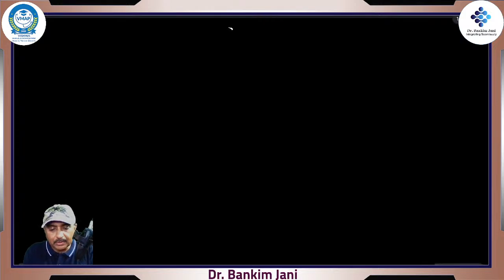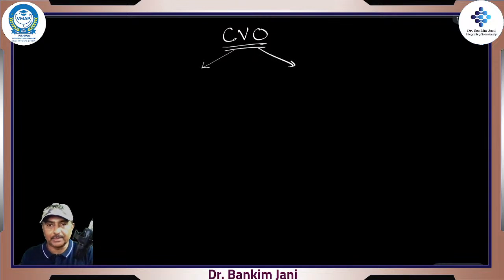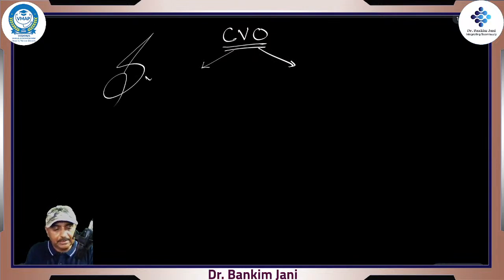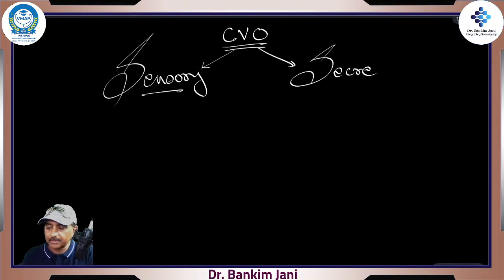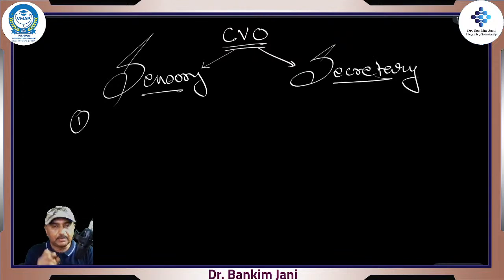So now this circumventricular organ, CVO, for our understanding, we'll divide it into 2 parts. One is sensory, and second one would be the secretory. First one, something which you can never miss, is the area postrema.